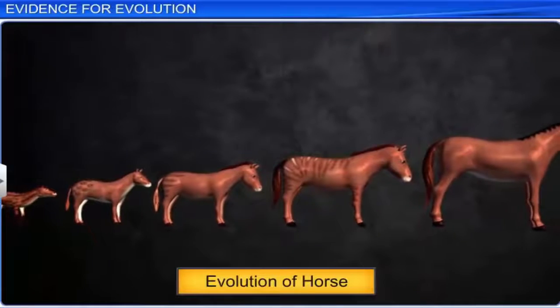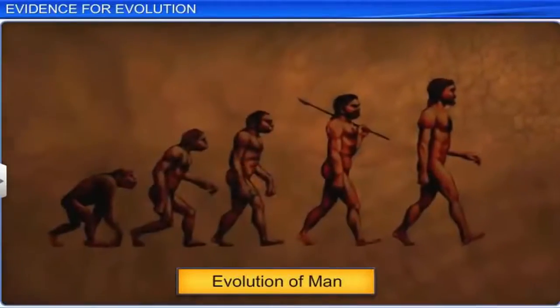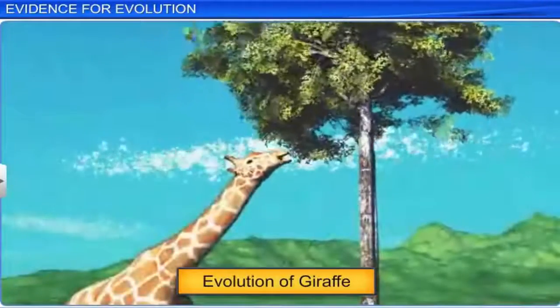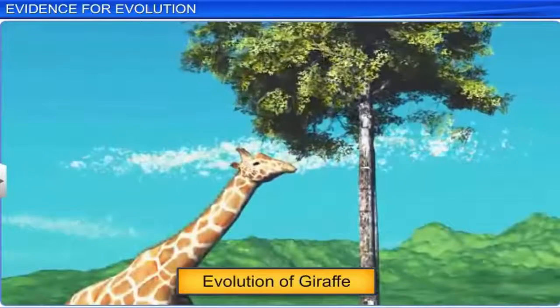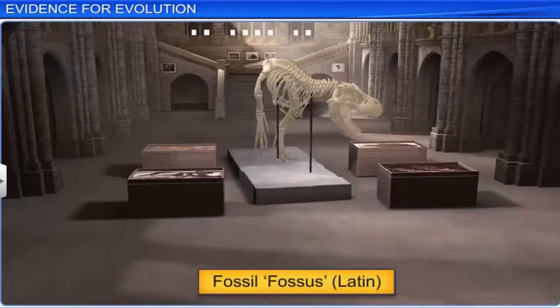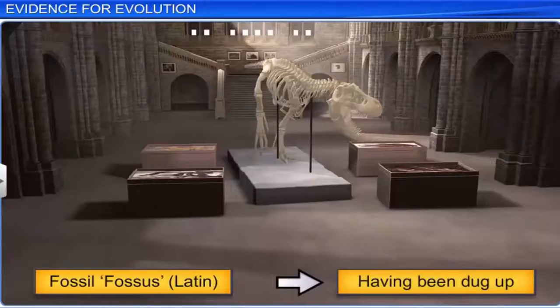The theory of evolution suggests that there is a change in the inherited traits of a population of organisms through generations. This theory gathers more evidence with the study of fossils of prehistoric organisms. The word fossil is derived from the Latin word fossus, which literally means having been dug up.